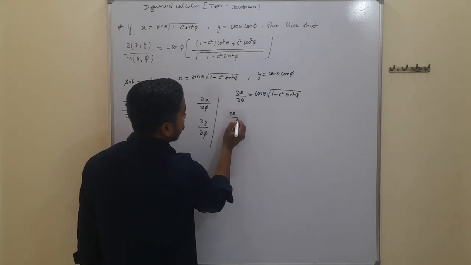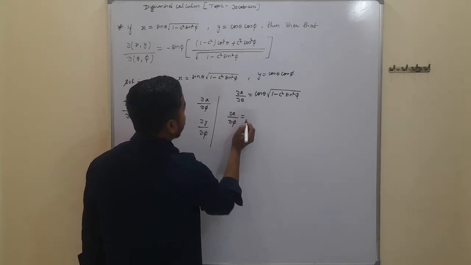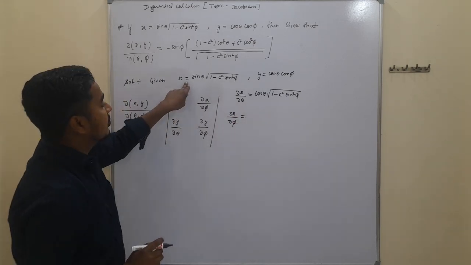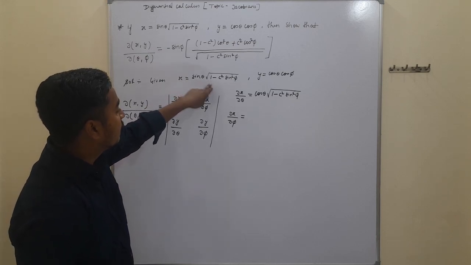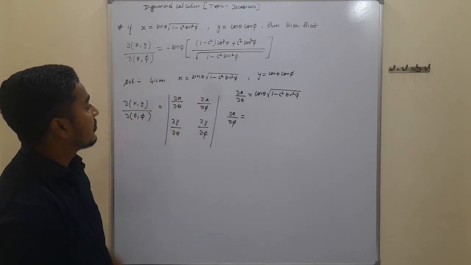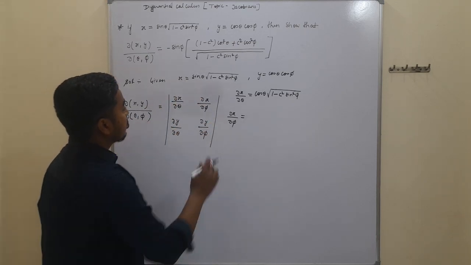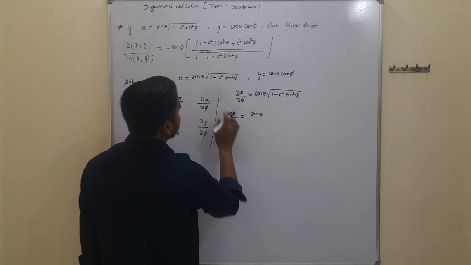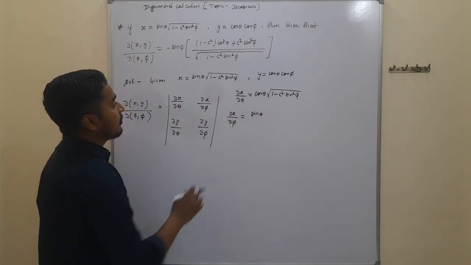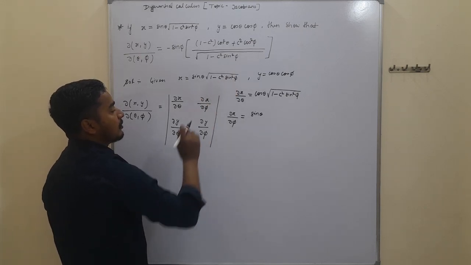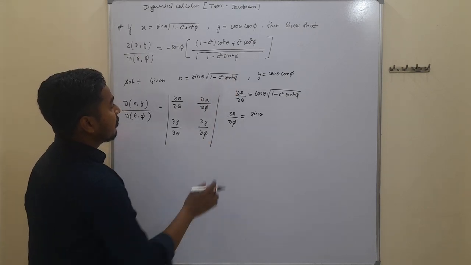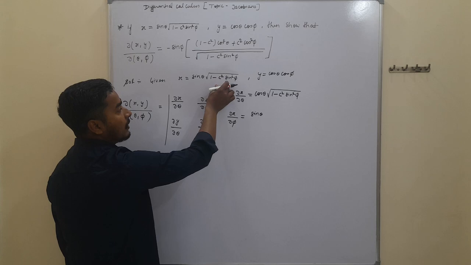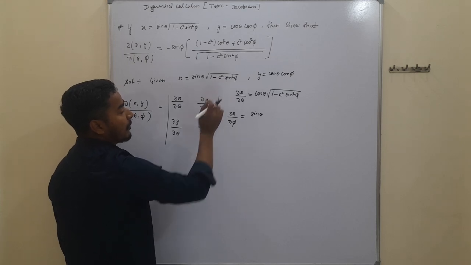Del x upon del phi is given by differentiating x with respect to phi, taking sin theta as a constant. So sin theta is constant and we differentiate under root of 1 minus c square sin square phi with respect to phi. When we differentiate under root of x, we get 1 upon 2 root x.